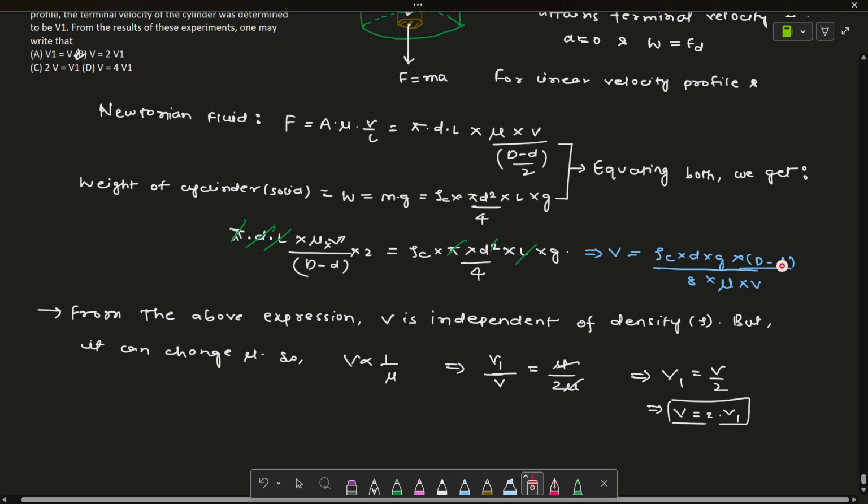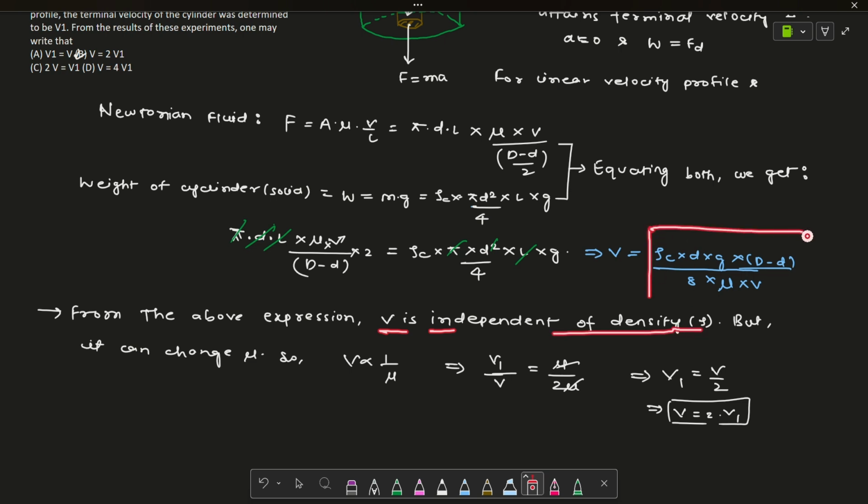Now they are changing the fluid's density and viscosity. From the velocity expression we can say that velocity is independent of the density, right? There is no density term of the fluid; this is the density term of the solid cylinder. So velocity is independent of the density rho, but it changes with mu, inversely proportional.